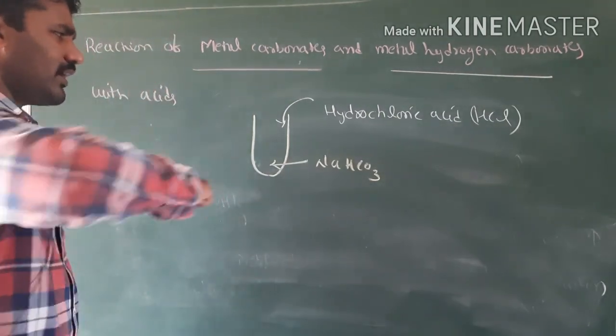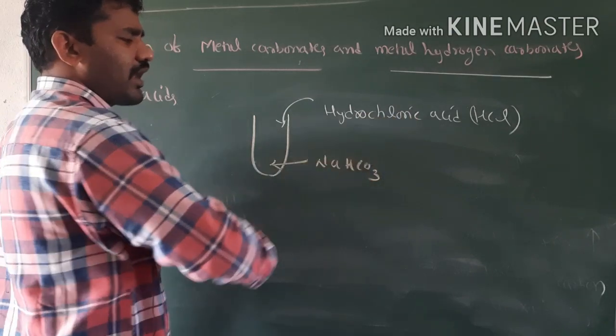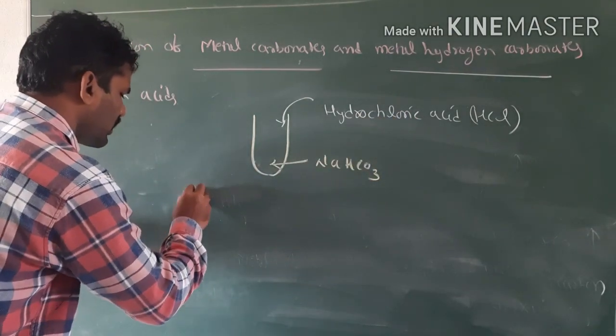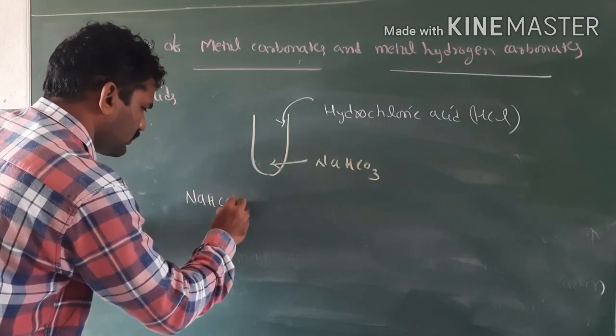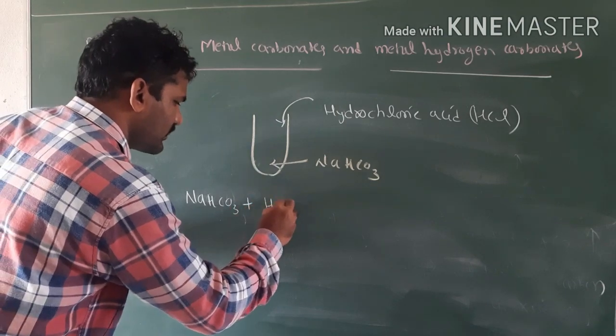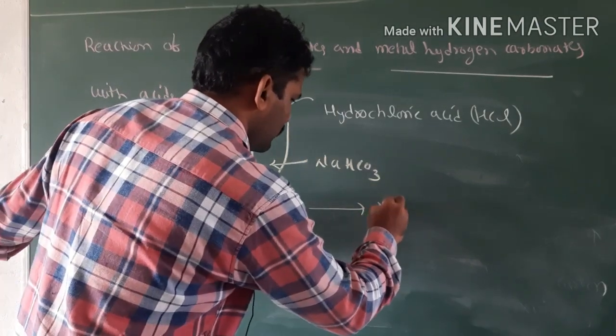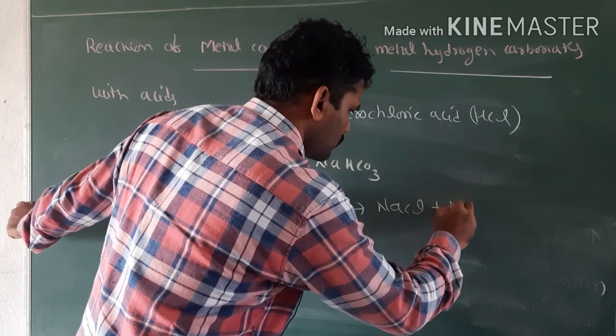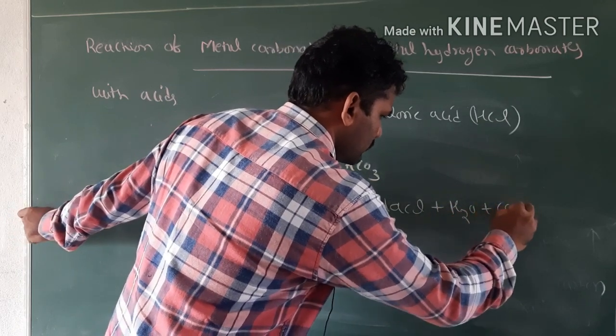Now let us write the equation for this reaction. Sodium hydrogen carbonate NaHCO3 reacts with hydrochloric acid HCl, forming NaCl plus H2O plus CO2.